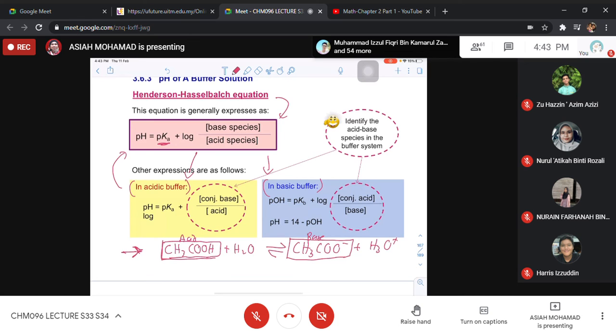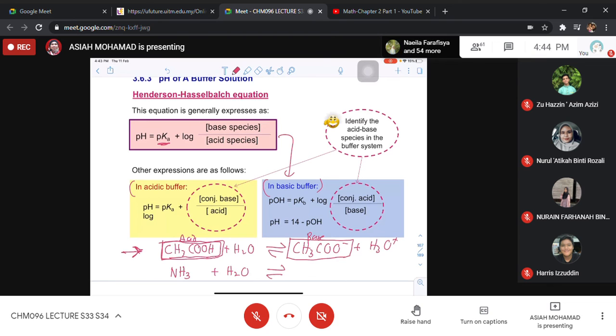This is the acid. But if you want to use the same Henderson-Hasselbalch equation in a basic buffer, yes, you can. For example, let's say you have ammonia plus water, and you will get here NH4 plus and OH minus.